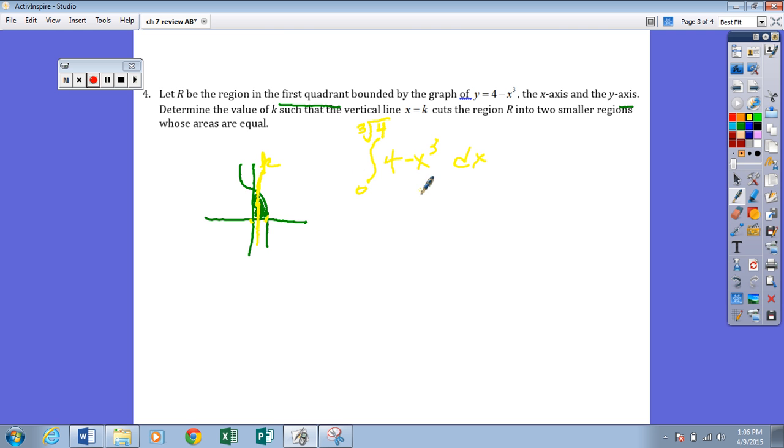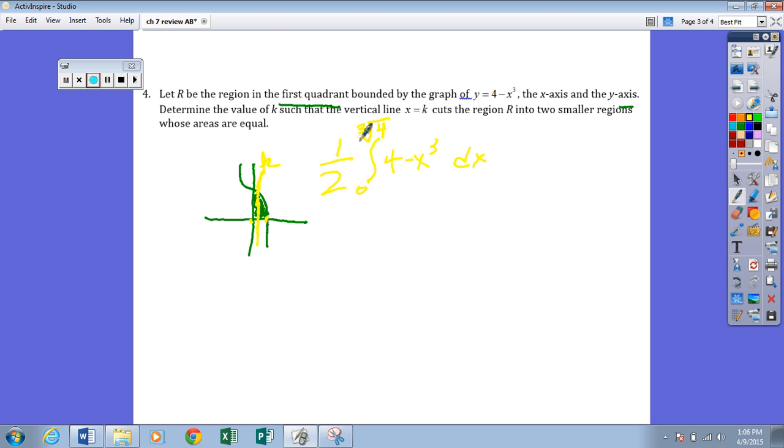So once you actually crank through this and you get some sort of a number, that's the area of the whole piece. So I need to take this and cut it in half, because what I'm looking for is how to find k using half the area, or the fact that it's going to create half the area.